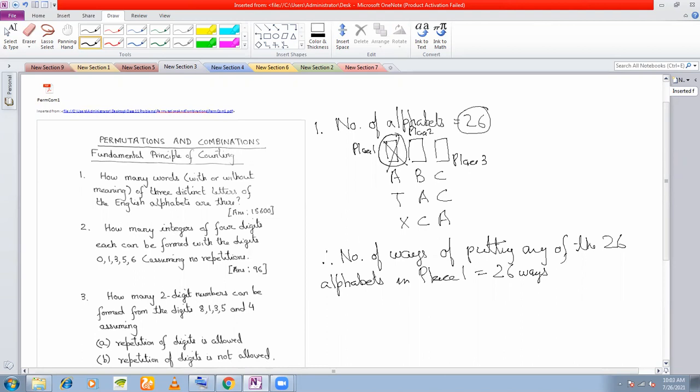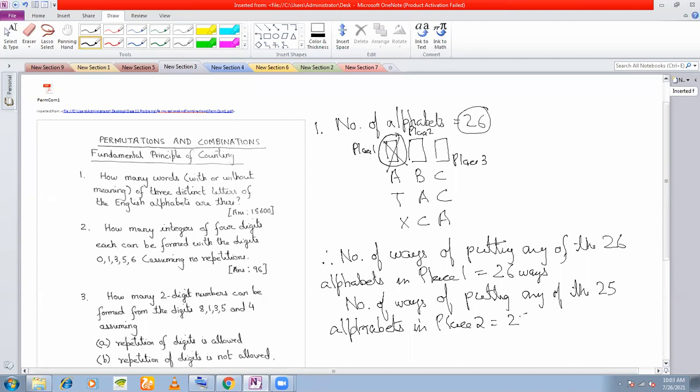Now look at place 2. In how many ways can I place the remaining alphabets? How many alphabets remaining? 25. So any of the 25 alphabets. I don't know which alphabet I have put, but I have put one alphabet definitely. So that means 25 alphabets are left in place 2, equal to 25.